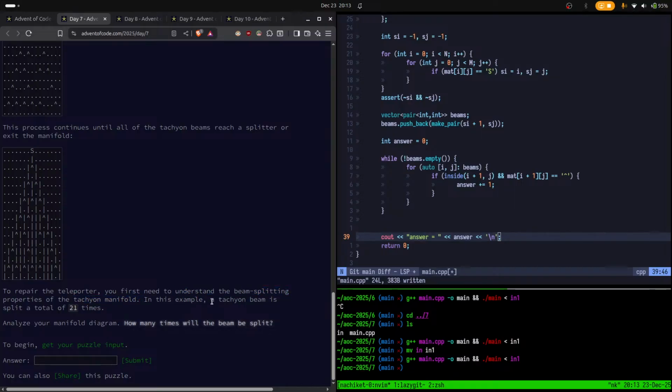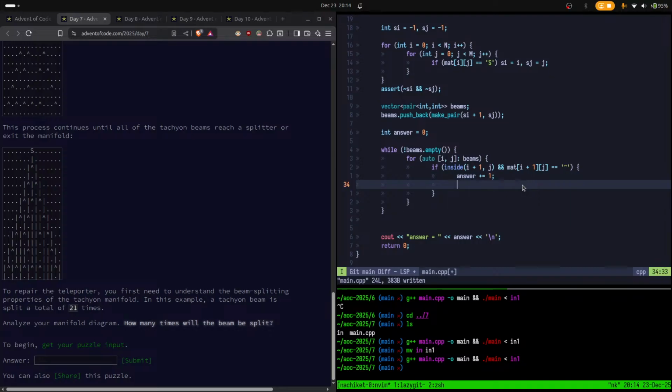Second manifold in the example: how many times will the beam be split? Okay, I think so. One beam, when it finds an obstacle or a splitter, will increment the answer.